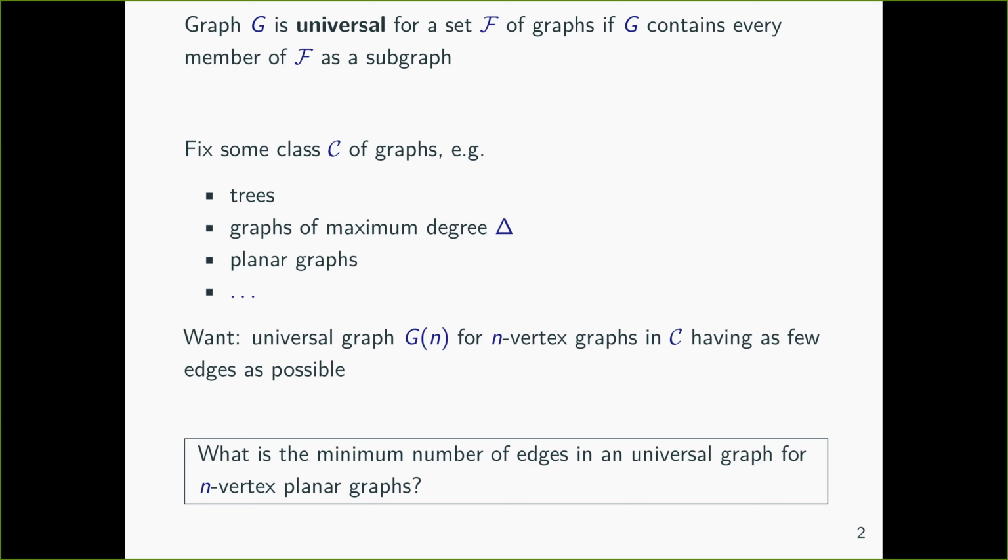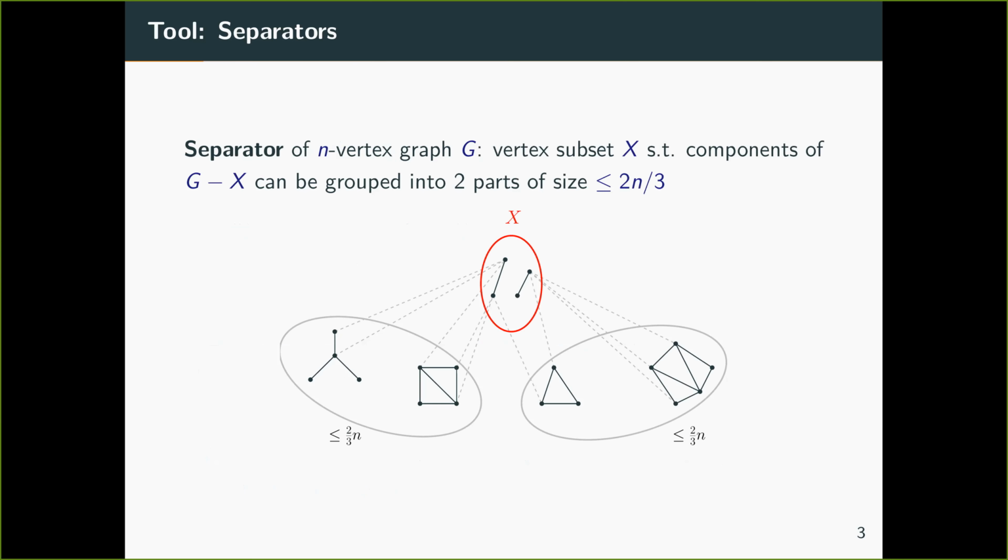So that's the main question I'm going to address in this talk: what is the minimum number of edges in a graph which is universal for n-vertex planar graphs? Before we continue, let me emphasize that the universal graph does not have to belong to the class we look at. So if I look at universal graphs for planar graphs, the universal graph does not have to be planar. And typically it won't be. Okay, so that's the definition we are going to play with. Now let's look at some tools.